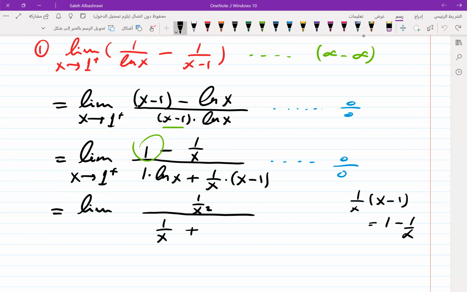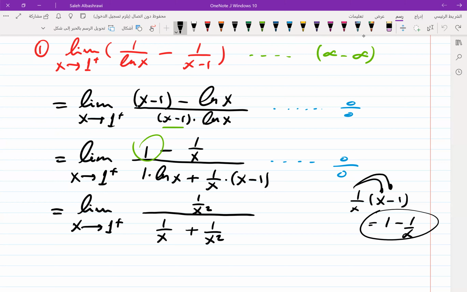So the derivative of this part will be 1 over x squared. I just opened the bracket: 1 over x multiplied by x equals 1, and 1 over x multiplied by minus 1 equals minus 1 over x. I opened the bracket and differentiated, and I will get 1 over x squared, as x goes to 1 plus.